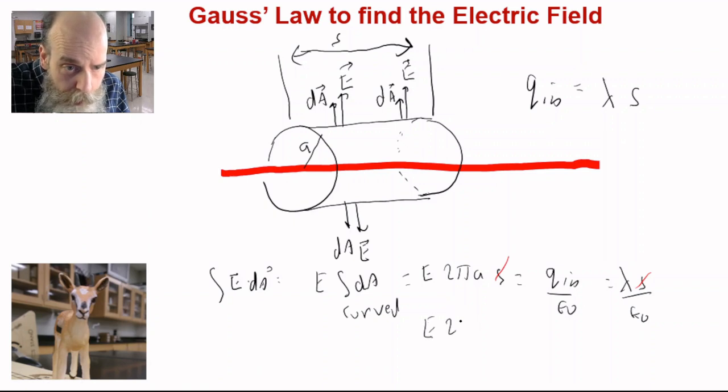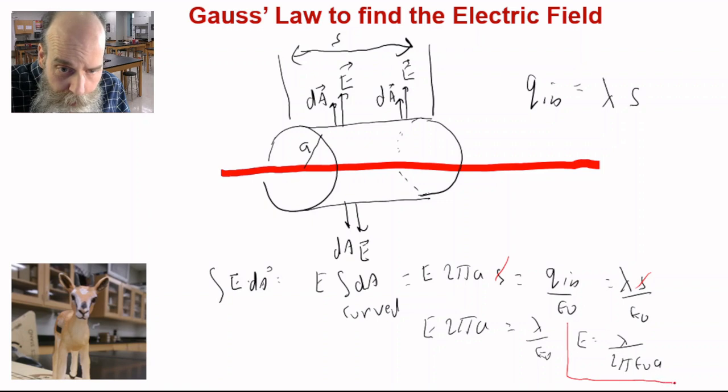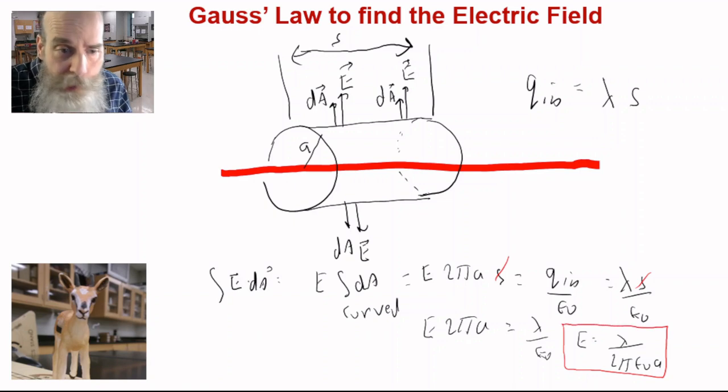So we have E times 2 pi A equals lambda over epsilon 0, or E equals lambda over 2 pi epsilon 0 A. This is what we found before for the rod of length L when we let L go to infinity. We got the same result.